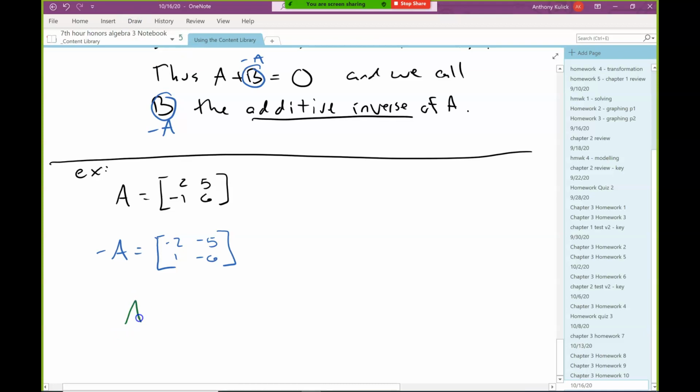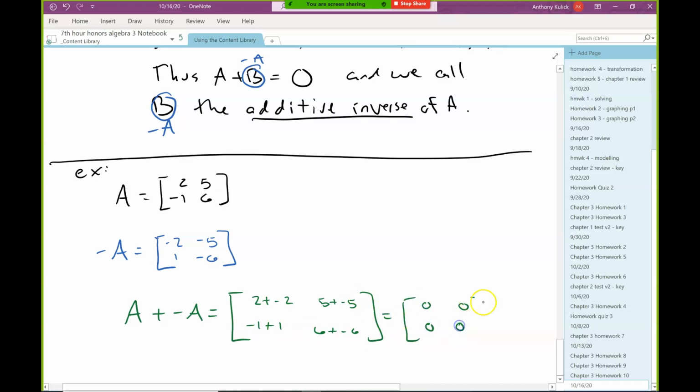And then if I add A and A inverse, what should I get then? This matrix that's full of zeros. Is everybody okay with that?